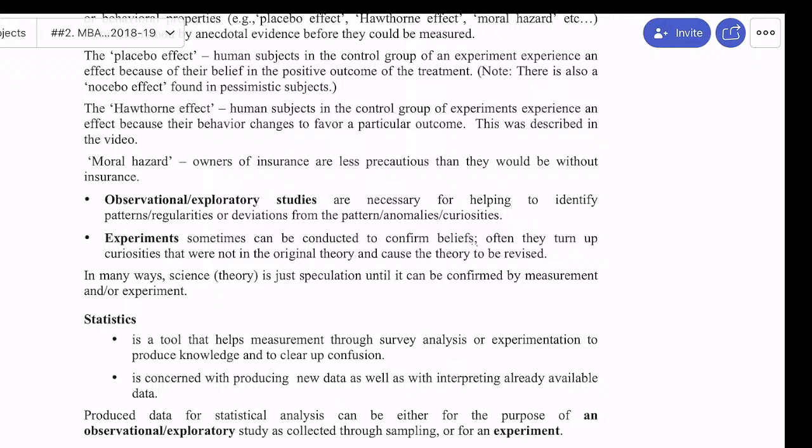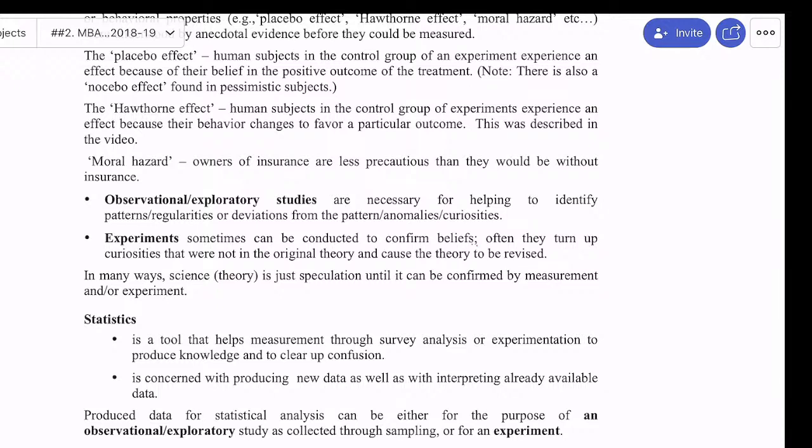So the video begins with talking about experiments and data collection and design of experiments, and then it goes into survey design. The idea is the surveys are for observation purposes.